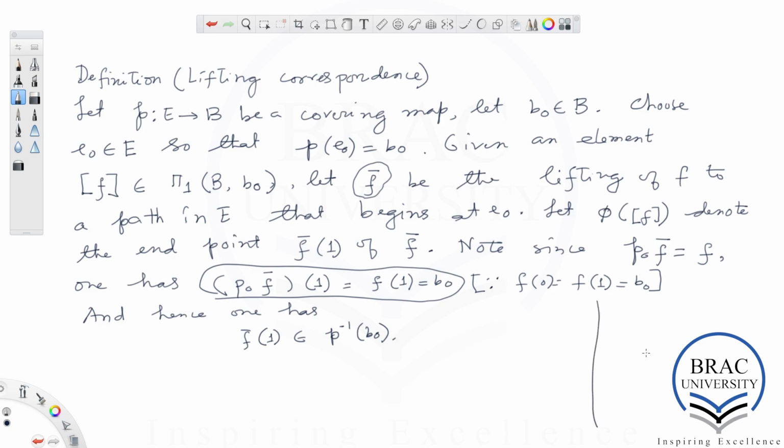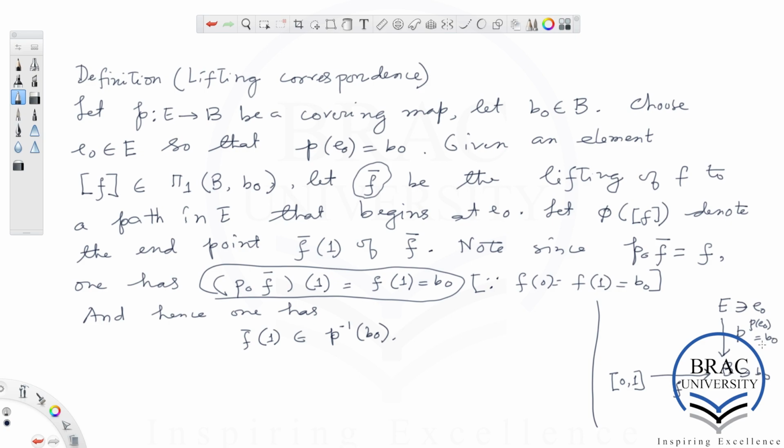Okay, so we draw a diagram here. This is the covering map P from the covering space E to the base topological space B, and since F is a path, in particular F is a loop in B based at B0, it's of course a map from 0, 1 to B. And E0 is a distinguished point in the covering space E such that P of E0 is equal to B0.